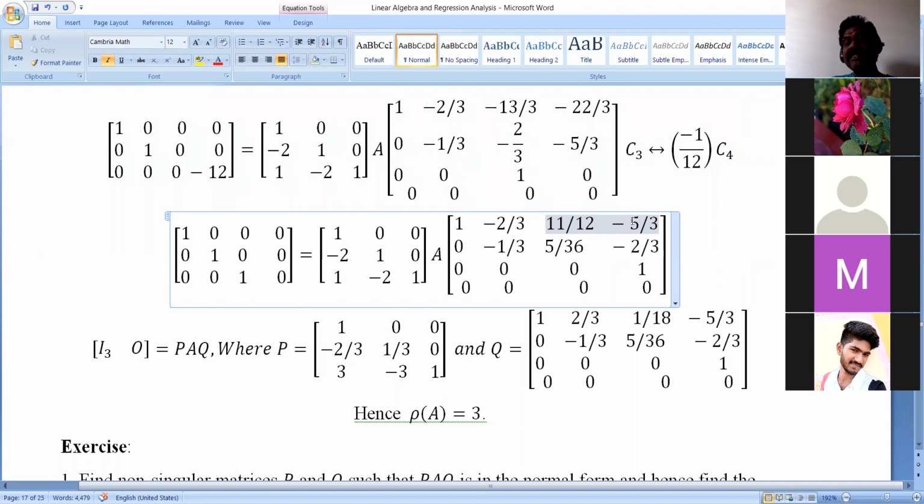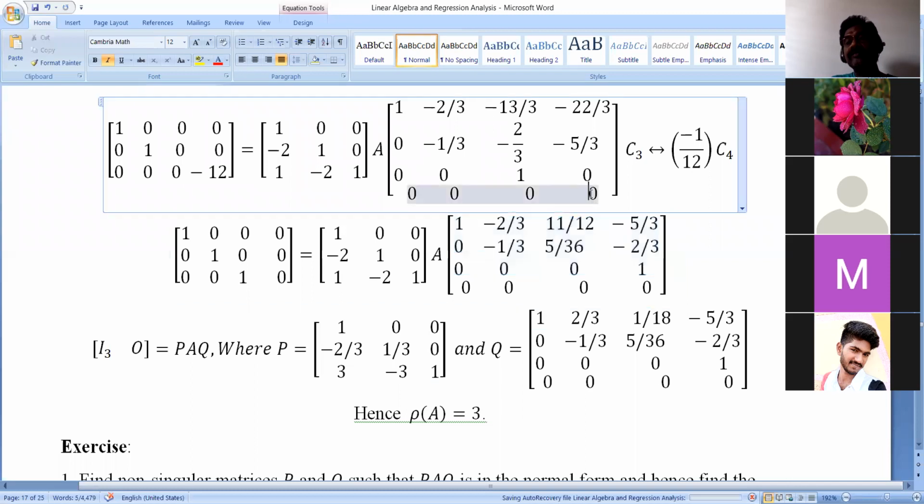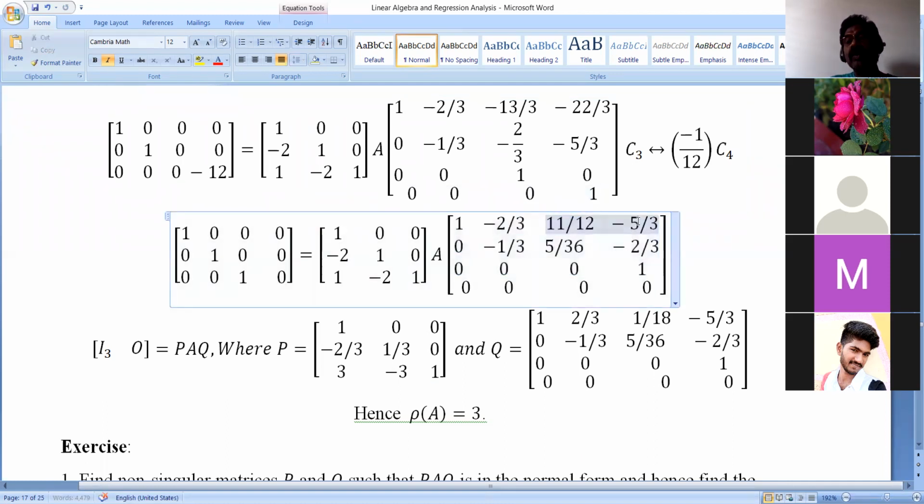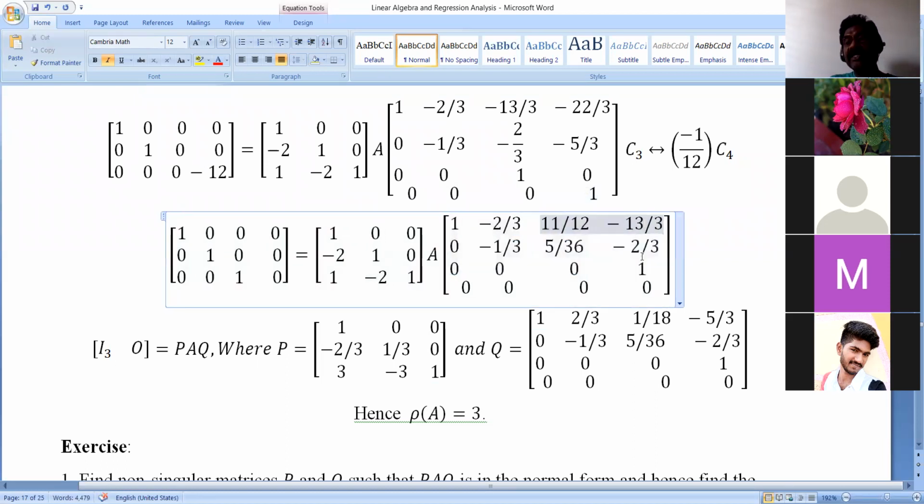We get minus 13 by 3, and then minus 2 by 3, 1 0. Here this value is 1. Now this is the reduced one.